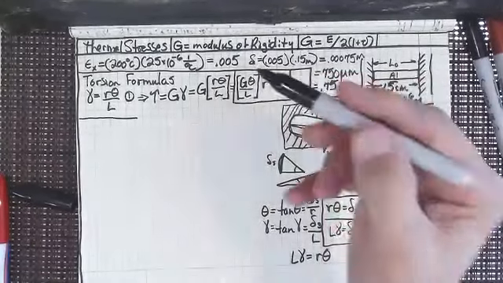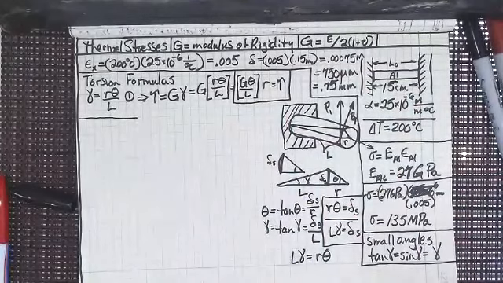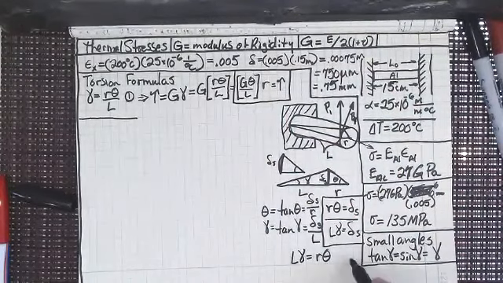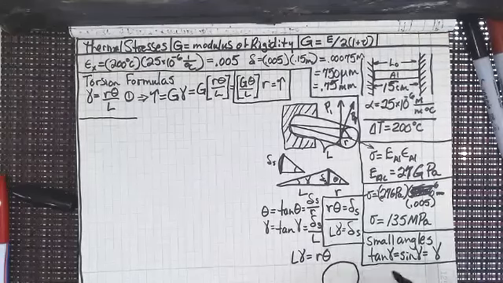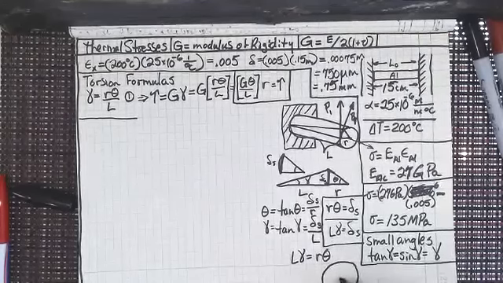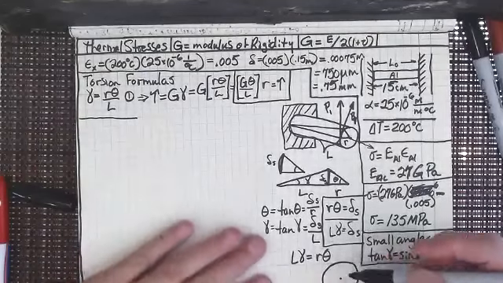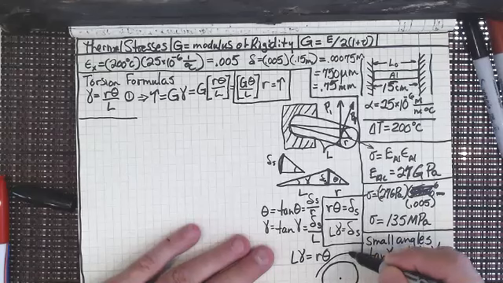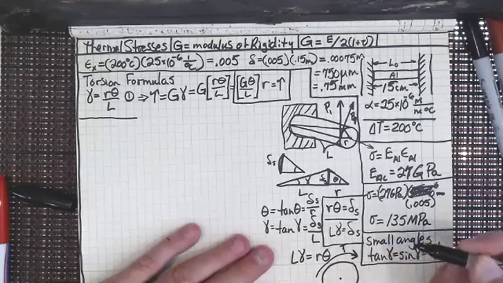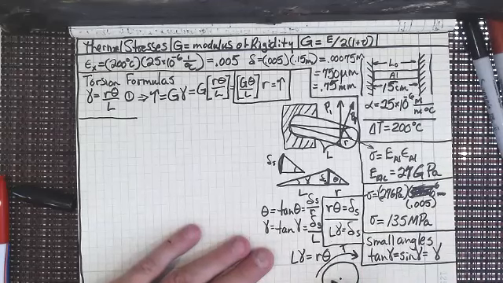Now what I want to do is look at that cross section, and I think I'm going to put the cross section down here. Let's see how that force P manifests itself when I've got a torque. Even though P is applied out here, that's the applied force, how is it being resisted?